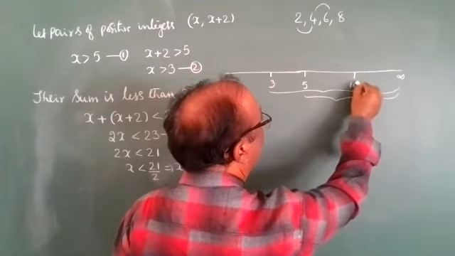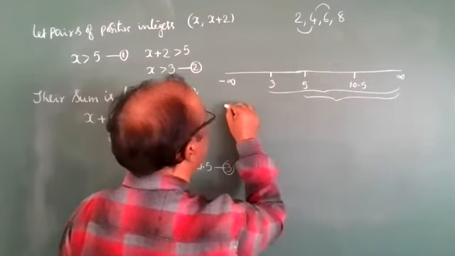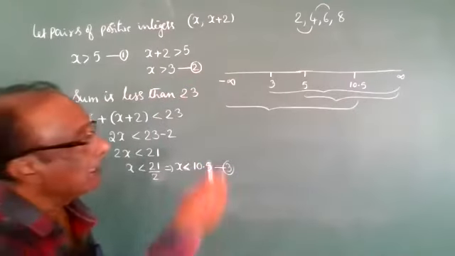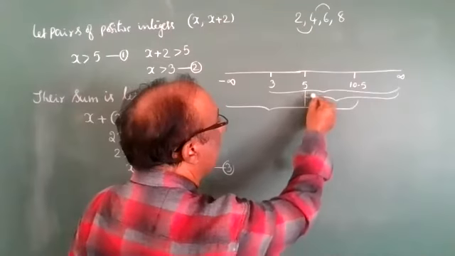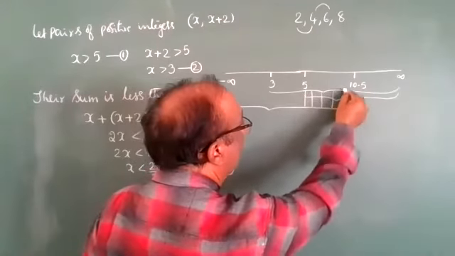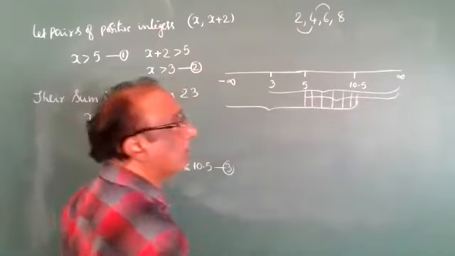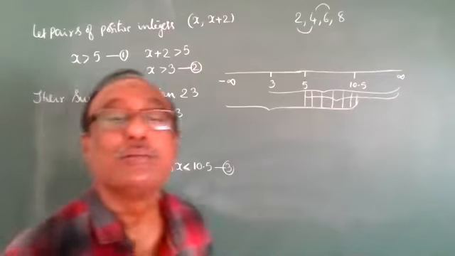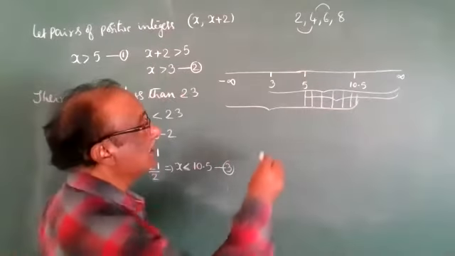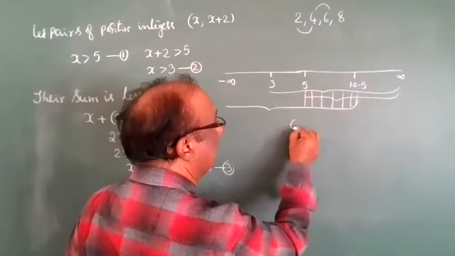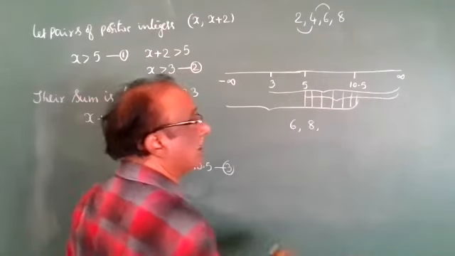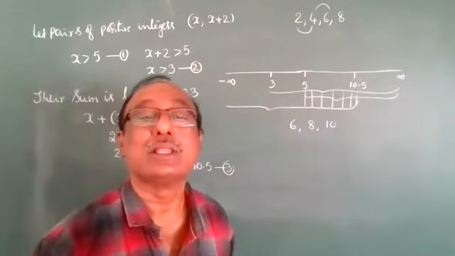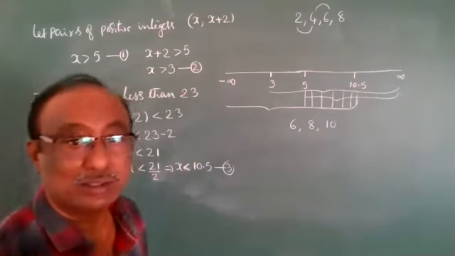Less than 10.5, less than means decreasing. The three lines are common from 5 to 10.5. What are the even numbers from 5 to 10.5? 6, 8, 10. 10 is also there.